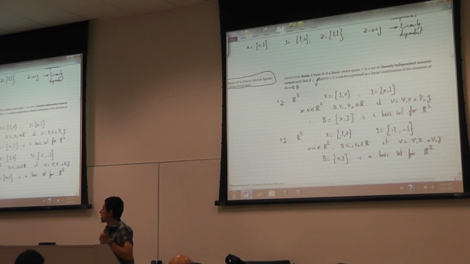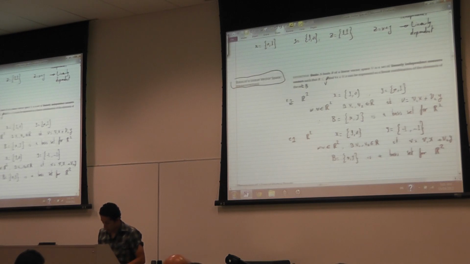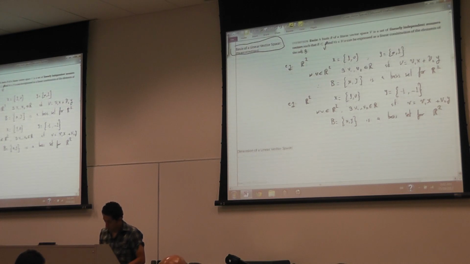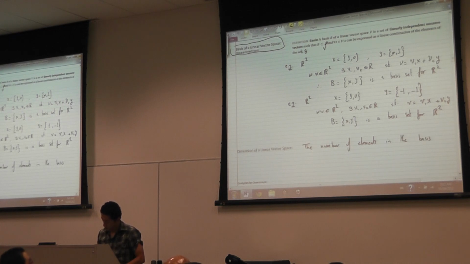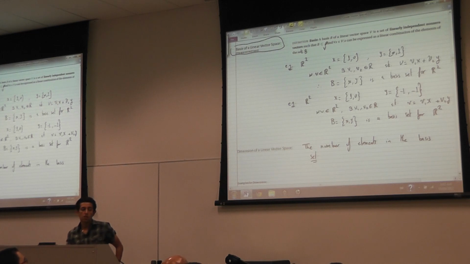So we've defined linear independence, we've defined a basis set. The dimension is nothing but the number of elements in the basis set. The dimension of a vector space is the number of elements in its basis set.